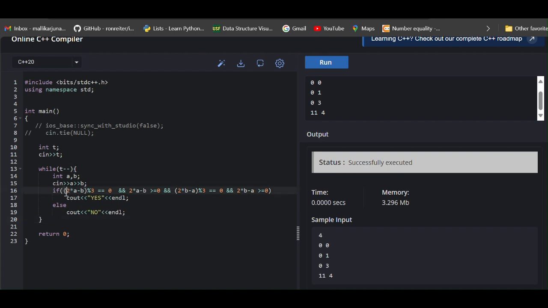See here, I'm checking 2a minus b is a multiple of 3, and 2a minus b is greater than or equal to 0. And then these two are the opposite conditions of the first two conditions, right? Like 2b minus a is a multiple of 3, and 2b minus a is greater than or equal to 0.